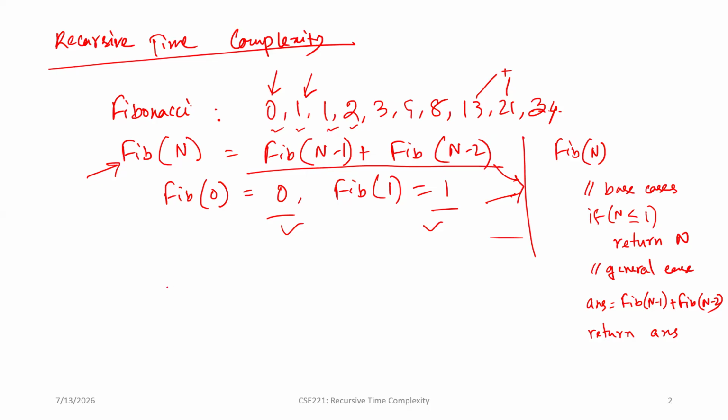First, we need to write down the time complexity of this algorithm in a generative function. What I mean is the time complexity of generating the nth Fibonacci number, we will call it T of n. And the value of this should be something which we don't know yet, but we want to figure out a formula which can give us the value.